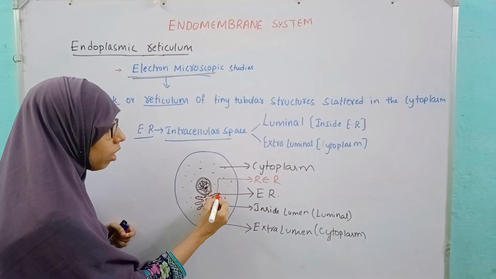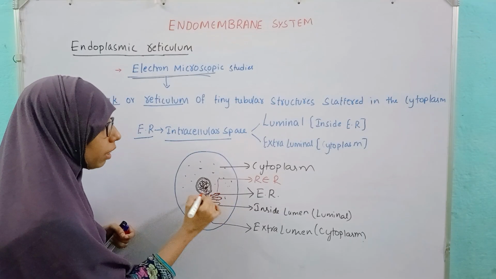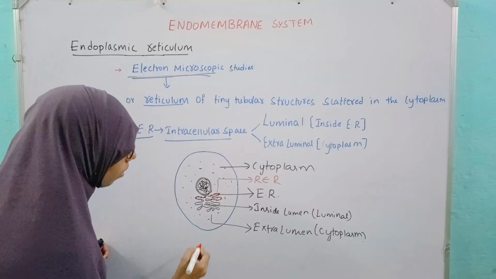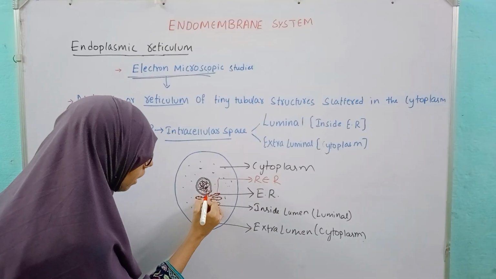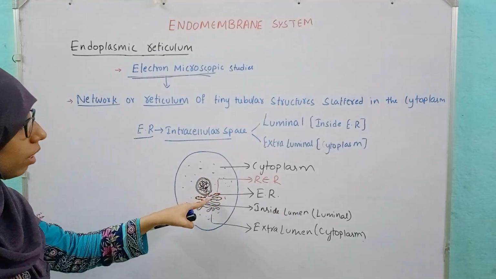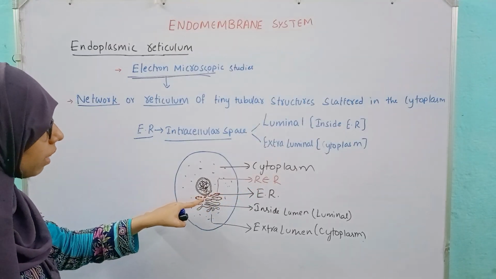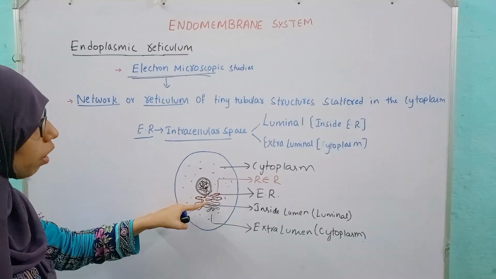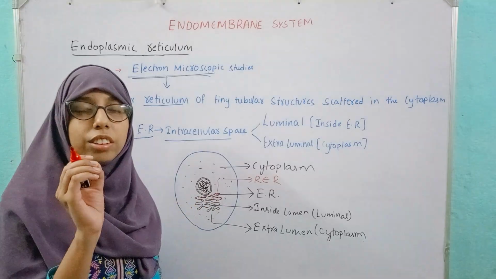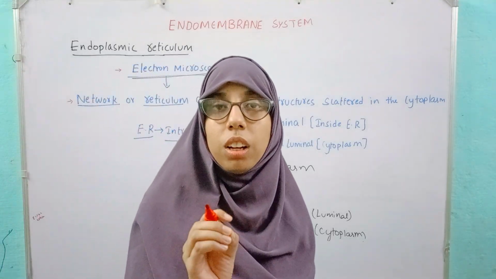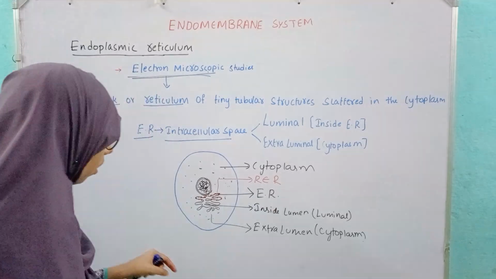Ribosomes are attached on the endoplasmic reticulum, and it is an extension. Rough endoplasmic reticulum is present as an extension from the outer membrane of the nucleus.